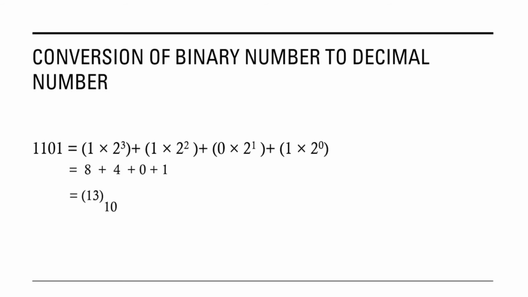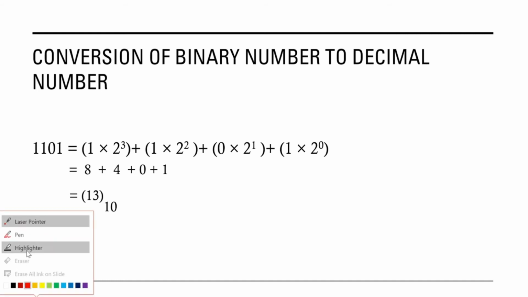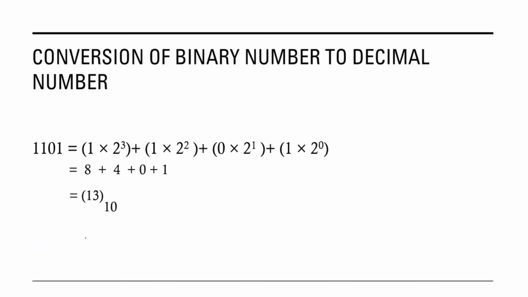Next we will see the conversion of a binary number to a decimal number. Since binary numbers are written to the base 2, we start with the rightmost digit and multiply it with 2 raised to 0.